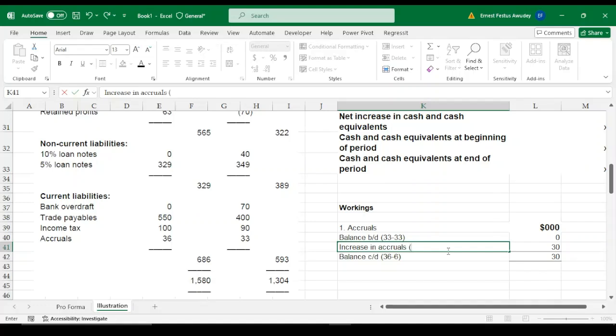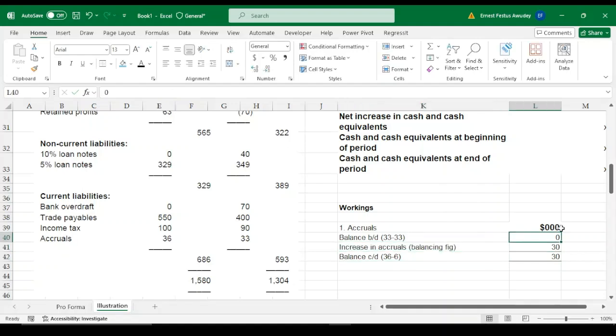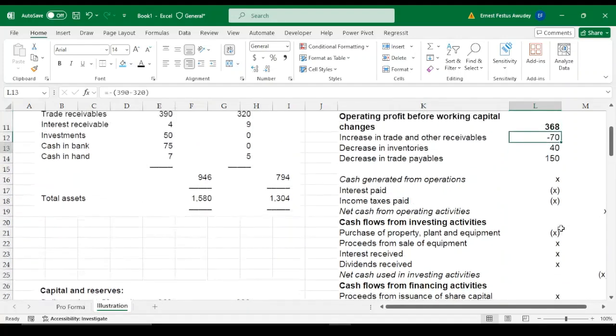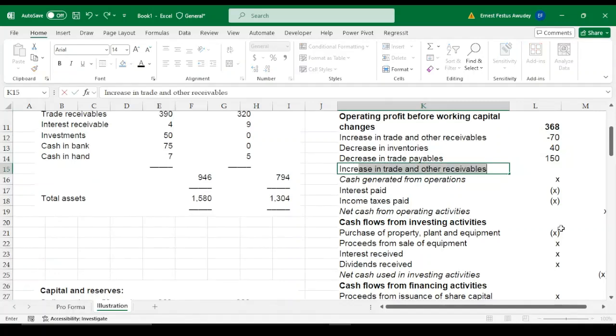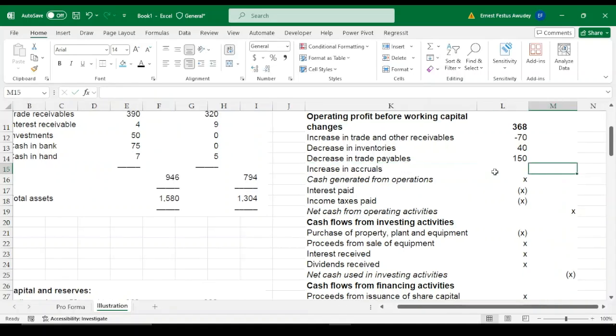And that is actually the balancing figure right there, 30. So quickly, I'll come here and have increase in accruals, and that is 30, as you have already calculated.